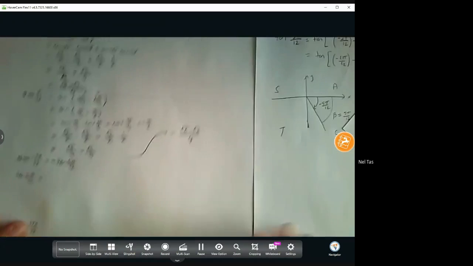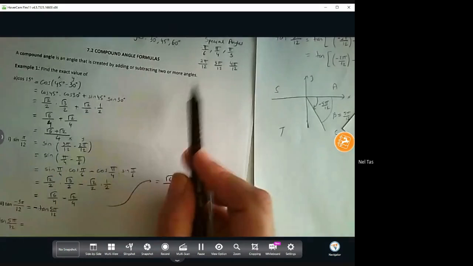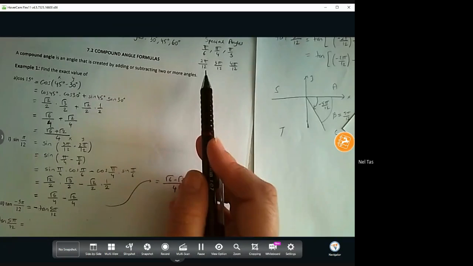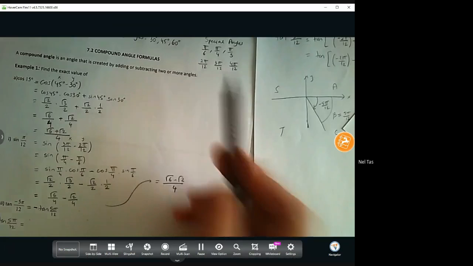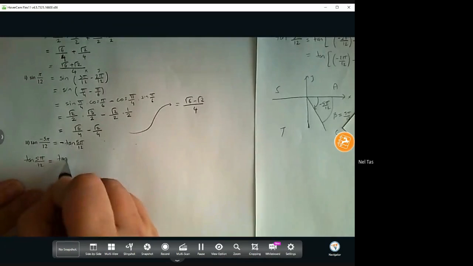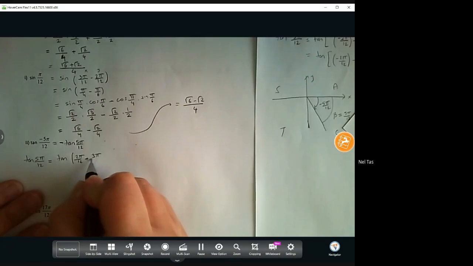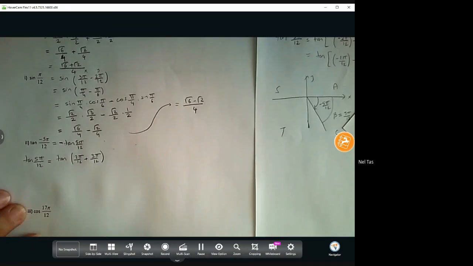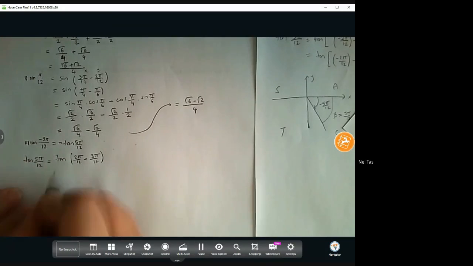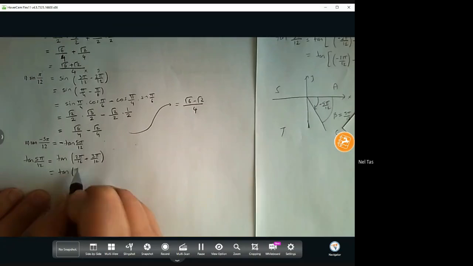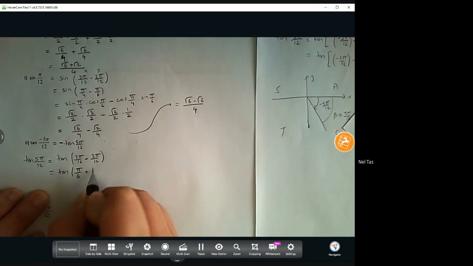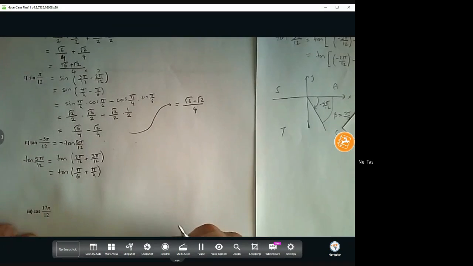So now you can see that 5 pi over 12 is 2 pi over 12 plus 3 pi over 12. So tangent 2 pi over 12 plus 3 pi over 12. Okay, so this gives you tangent pi over 6 plus pi over 4.